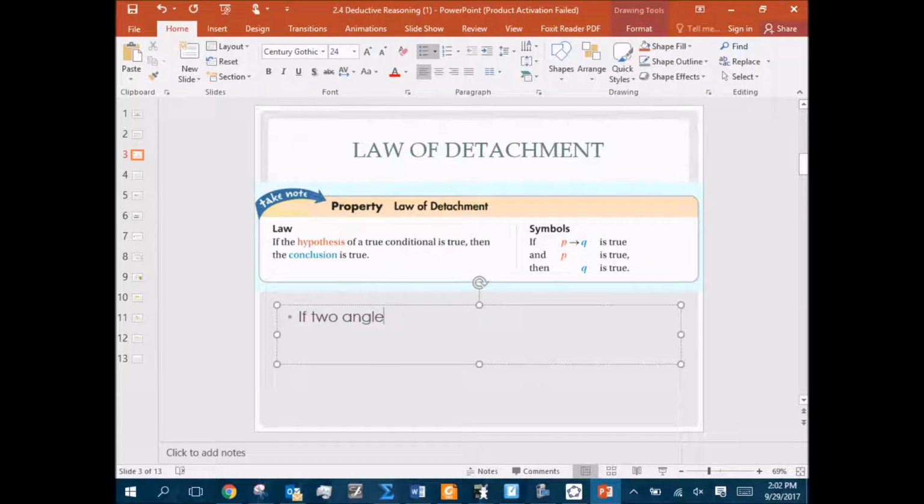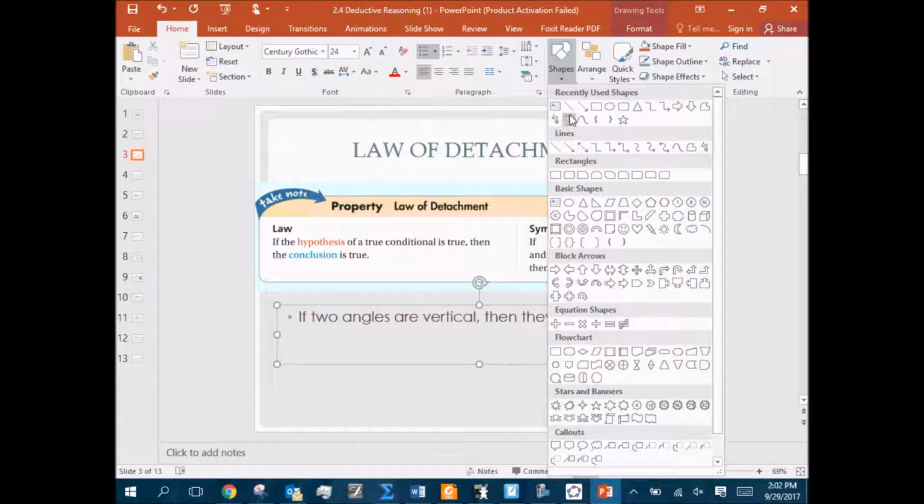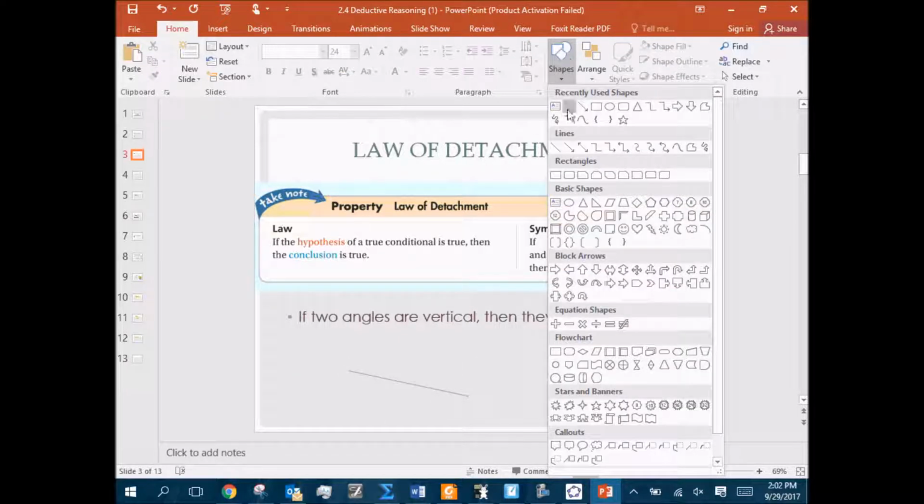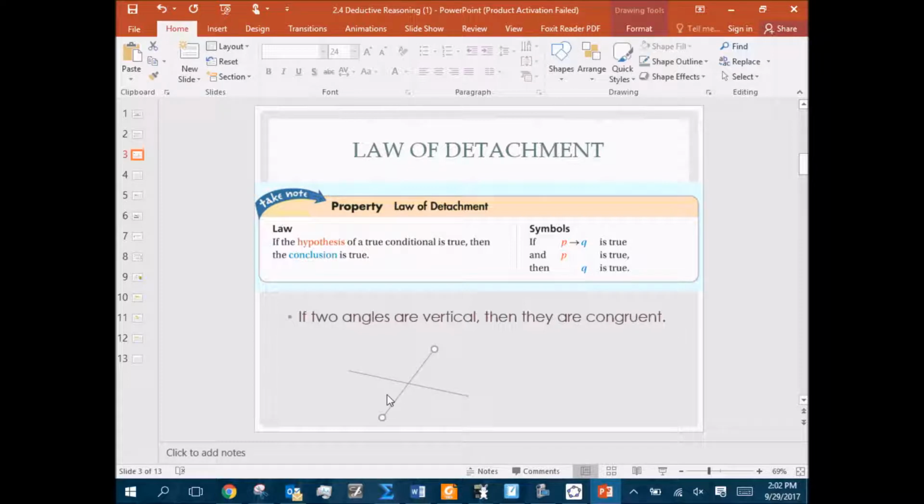If two angles are vertical, then they are congruent. And then I give you a picture that looks like that, and I'll talk about that angle right there where my cursor is, and that angle right there.